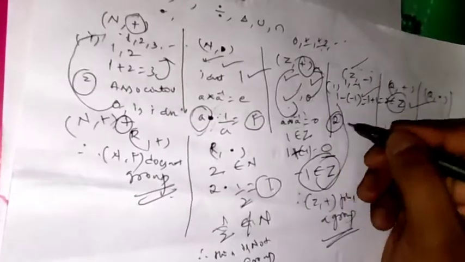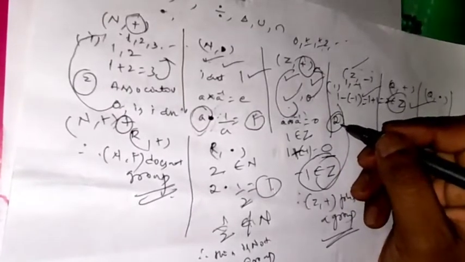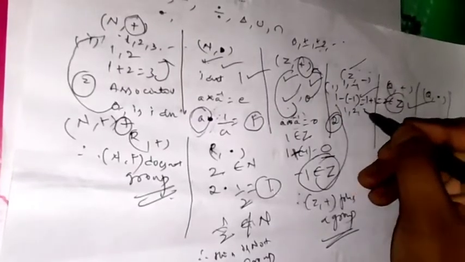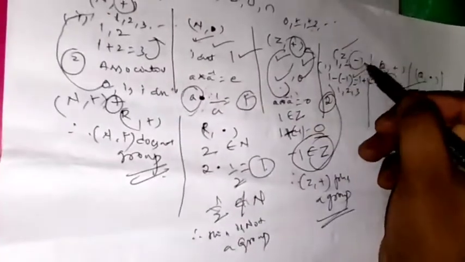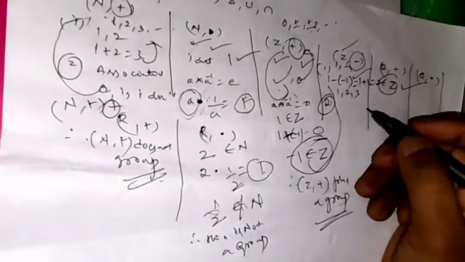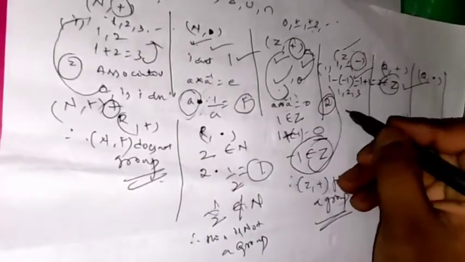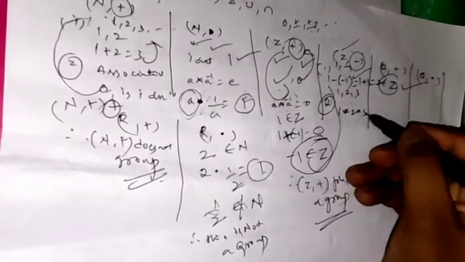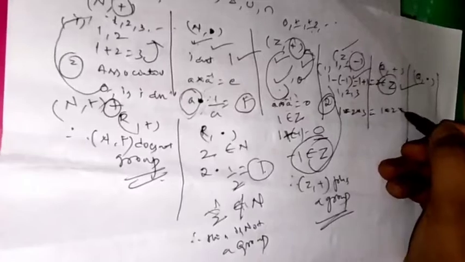Now we check the associative property also. Suppose I take elements 1, 2, 3. We take any 3 elements in our set Z, under the operation subtraction. What is the condition here? (1 star 2) star 3 is equal to 1 star (2 star 3).